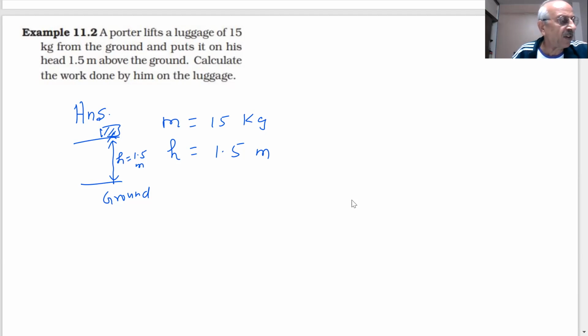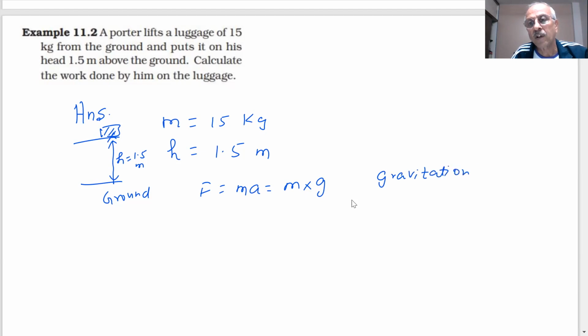The type of work done is already known to you. What is the force here? How do you define force, students? Here, m into a becomes m into g, because this is the gravitational force, which is acting downward.